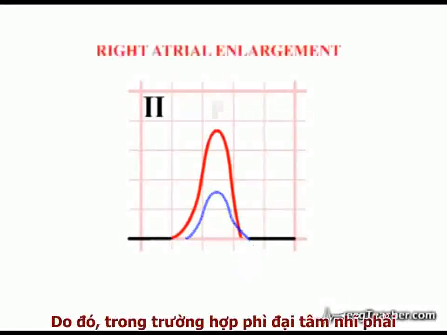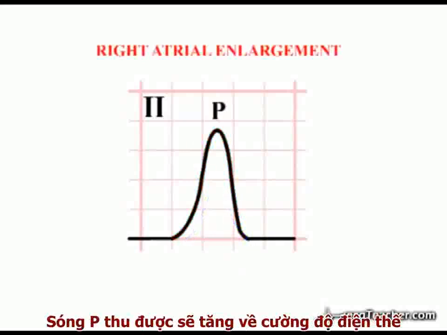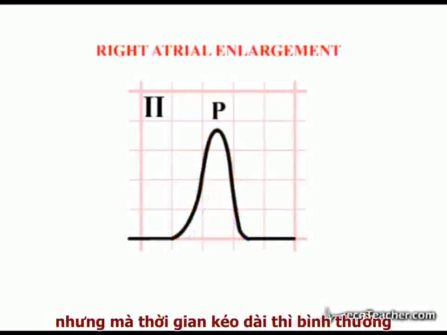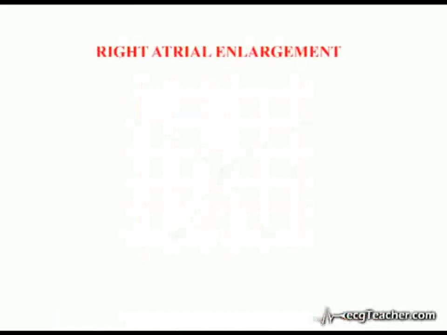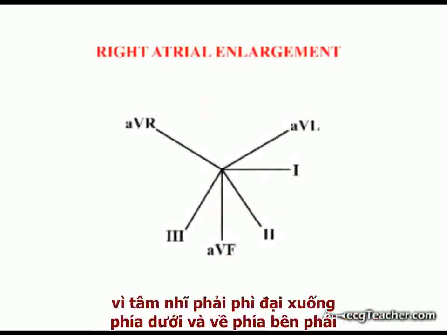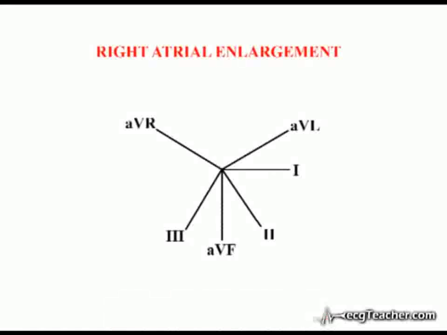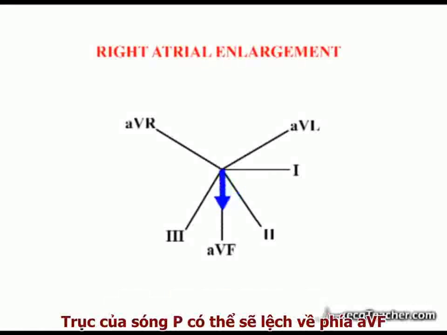Therefore, in right atrial enlargement, the recorded P wave is increased in amplitude but is of normal duration, that is, less than 2.5 small squares in width. You will also appreciate that as the right atrium enlarges downwards and towards the right, the P wave axis may shift towards AVF.